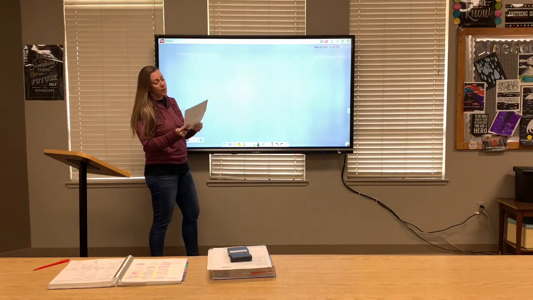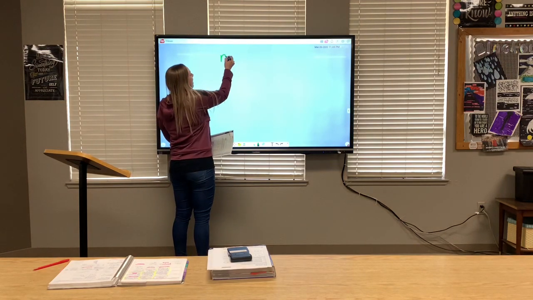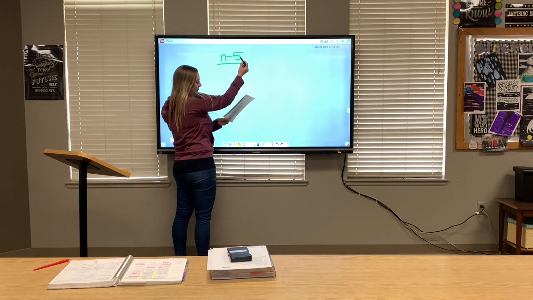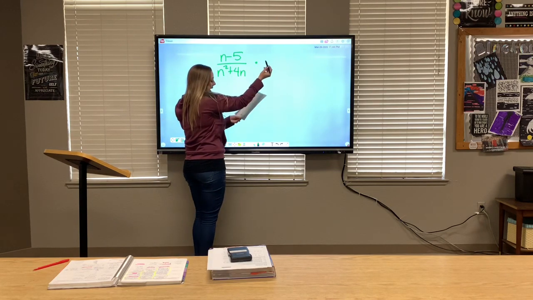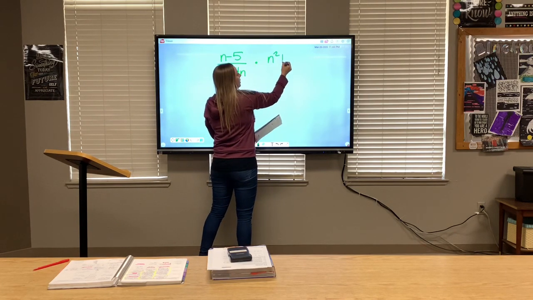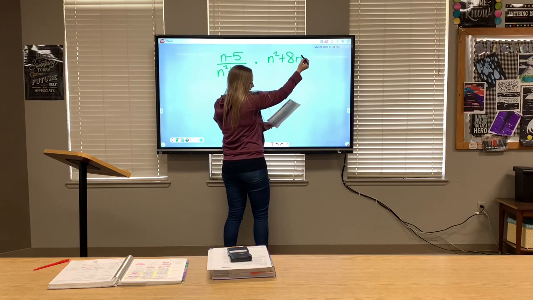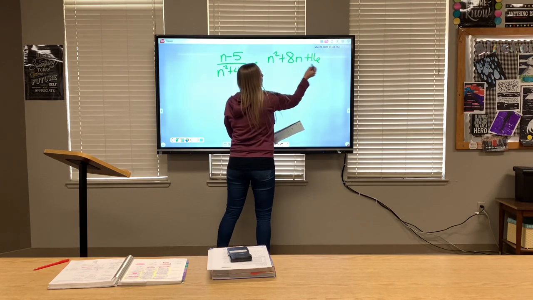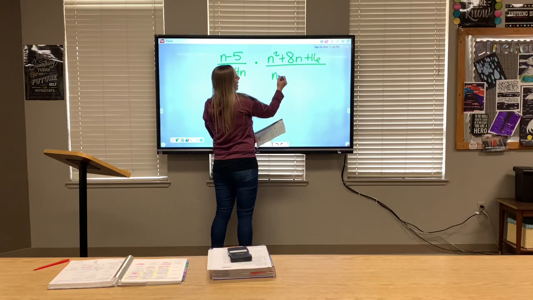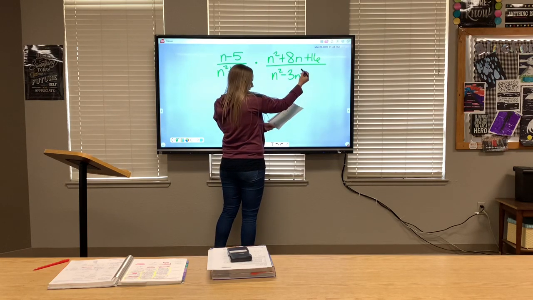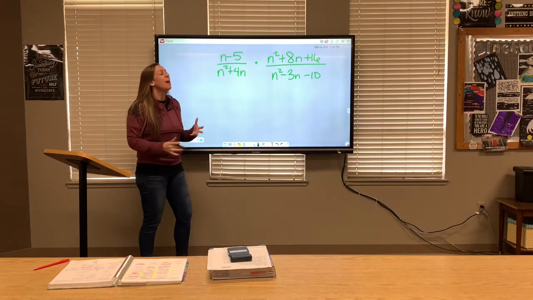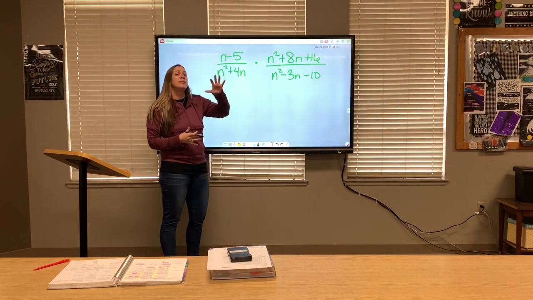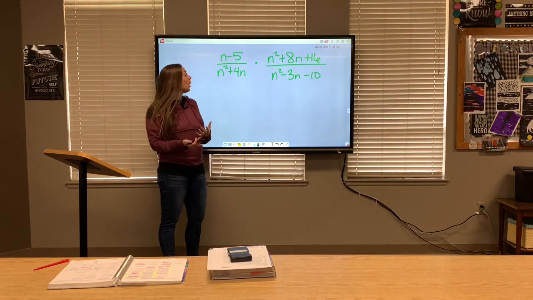Okay, so when we go to that, let's go ahead and say I have n minus 5 over n squared plus 4n times n squared plus 8n plus 16 over n squared minus 3n minus 10. Now what I do, if I see something like this, my first step is I'm going to look at these and I'm going to try and factor them, okay?